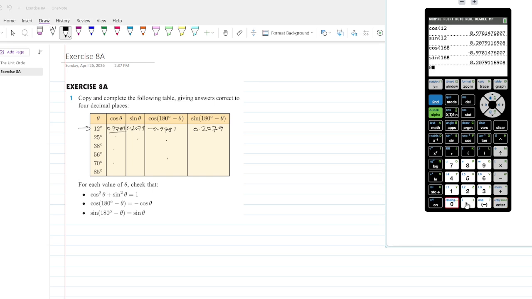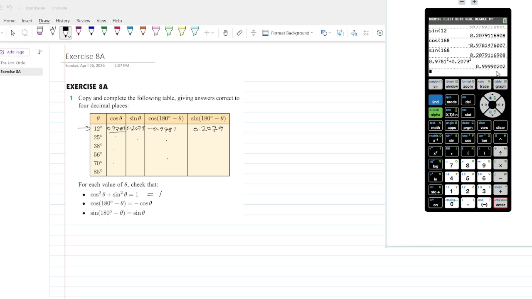So we can say 0.9781 square plus sin square theta. Sin theta is this value, so sin square theta is the square of this value, 0.2079 square. So this equals 0.9999, which actually equals 1 because we have not considered the value after 4 decimal points.